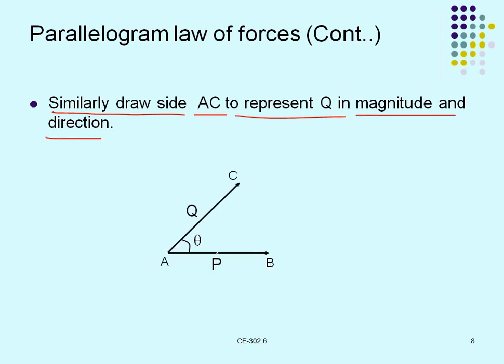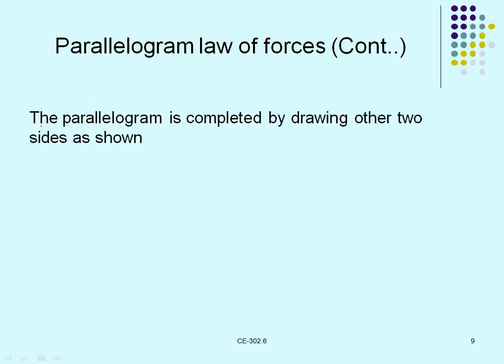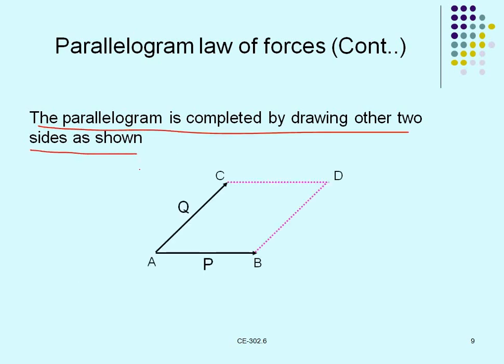First we have drawn AB, then we draw AC. In the previous one P represents the magnitude, and here Q represents the magnitude. Next, the parallelogram is completed by drawing the other two sides as shown.